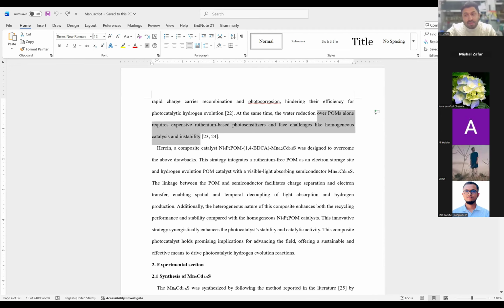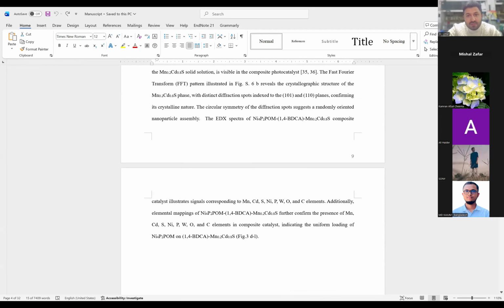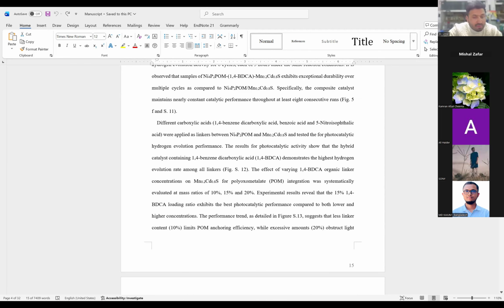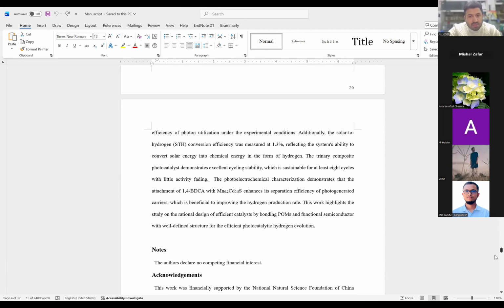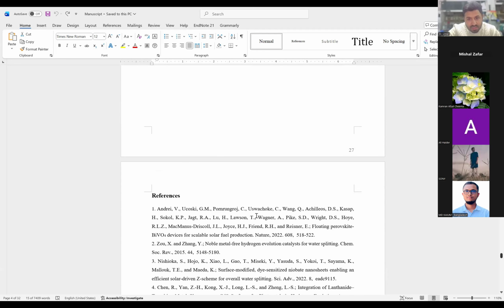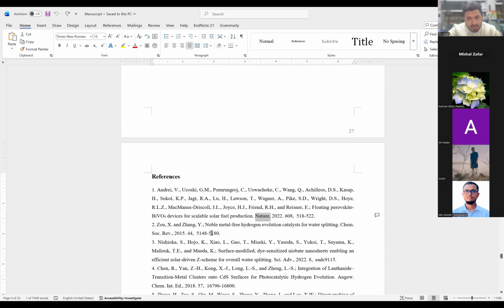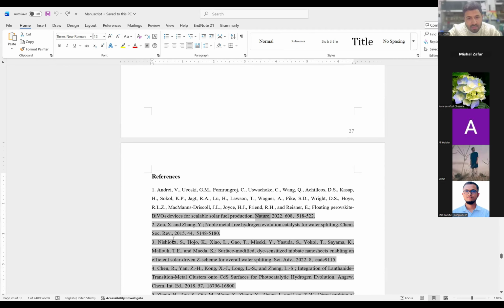Let me show you my references part, what I have referenced in my introduction. You can see Nature, Chemical Society Reviews; these are high impact factor, highly ranked journals.